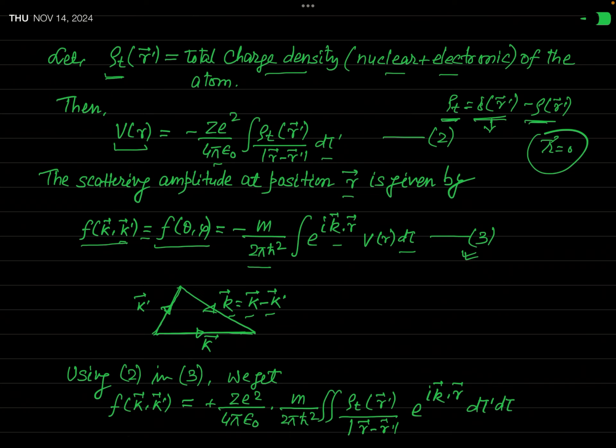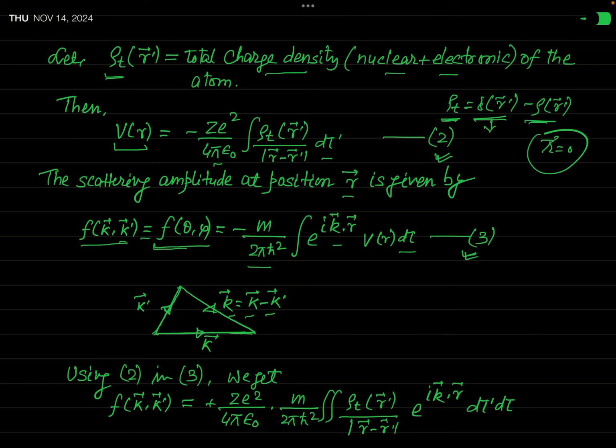So now let us substitute the value of V of r, which has been defined in equation 2, in this equation 3 to get the scattering amplitude.